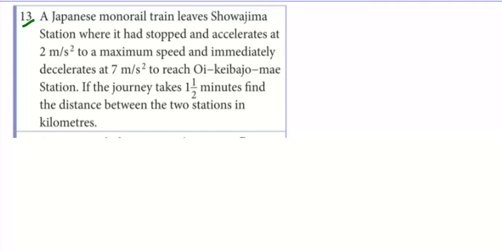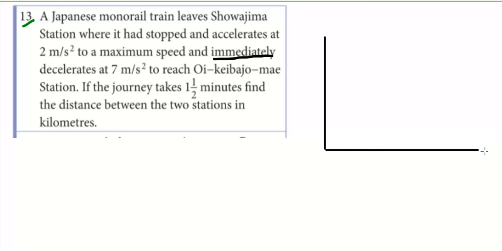A Japanese monorail train leaves the place where it stopped and accelerates at 2 meters per second squared to a maximum speed and immediately decelerates. What's the significance of saying immediately? Yes, sir. Yeah, it's a triangle graph, up and back down again.